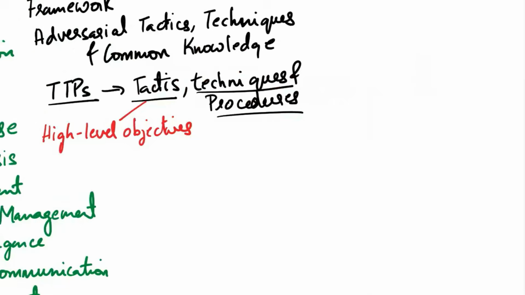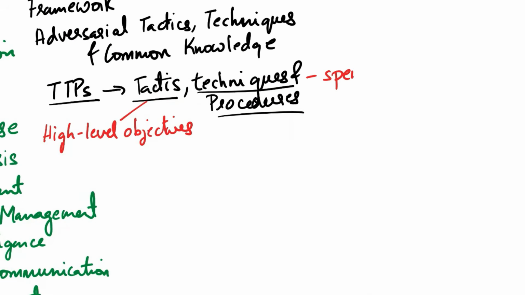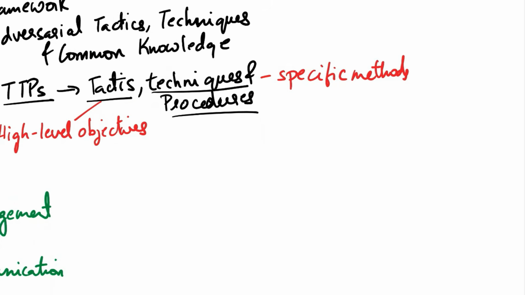Next is techniques. These are specific methods that threat actors employ to accomplish the tactics. Each technique is associated with one or more tactics and is described in detail, including how it works, potential detection methods, and recommended mitigation.